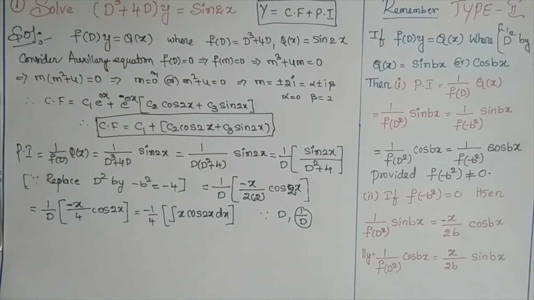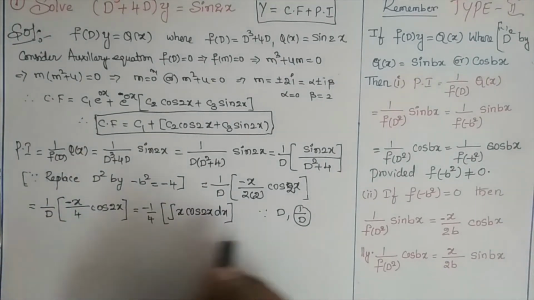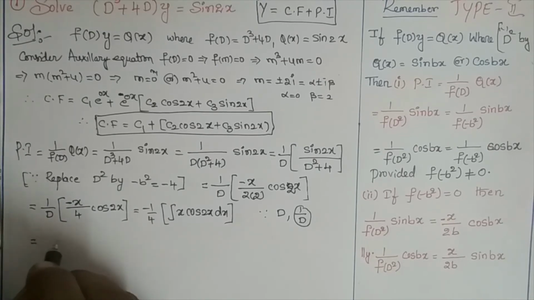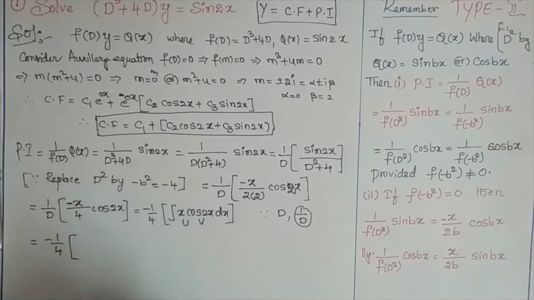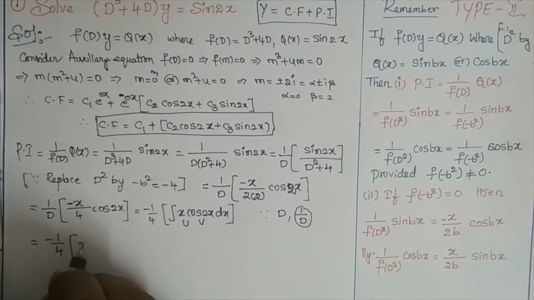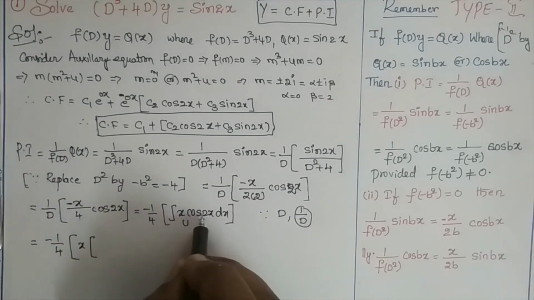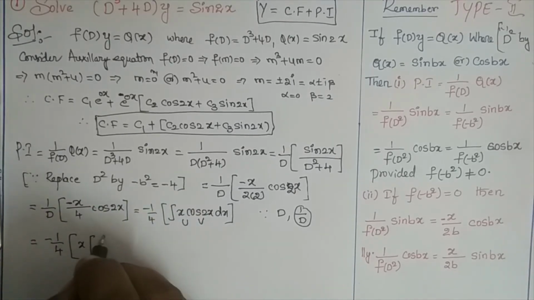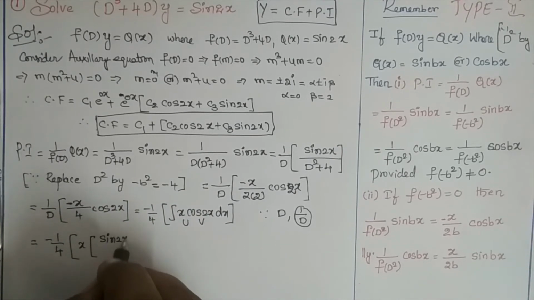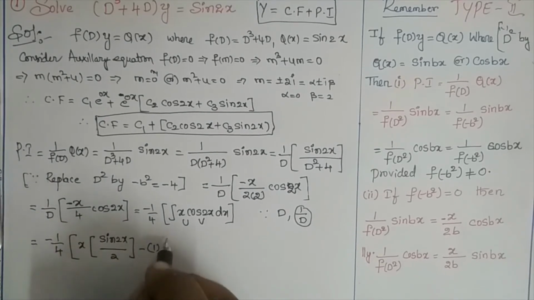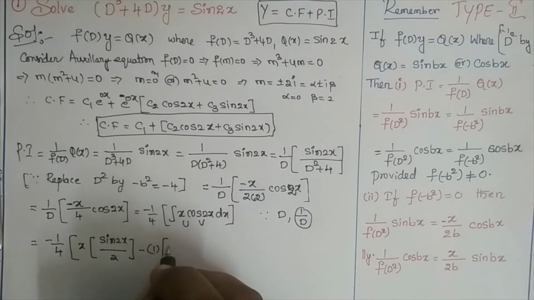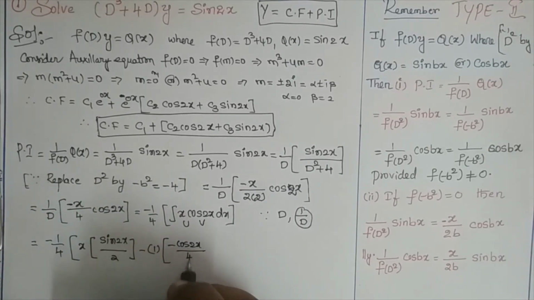According to the rule of Bernoulli's extension, we have minus 1 by 4 into uv, the integral of uv dx: x into the integral of cos 2x. The integral of cos 2x is nothing but sin 2x by 2, minus the differentiation of x, which is 1, and again the integral of this, minus cos 2x by 2, already 2 is there, that means 4.